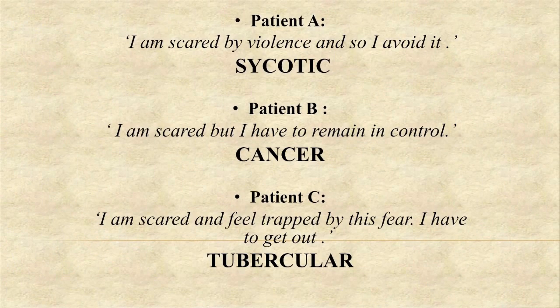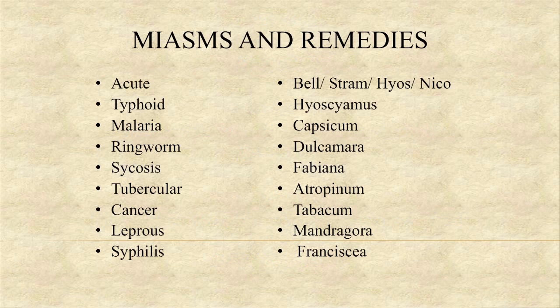So patient A who wants to avoid the fear is in the psychotic miasm, patient B who wants to control is in the cancer miasm, and the one who is trapped and suffocated is in the tubercular miasm. And we created a chart. By studying each remedy, we try to understand the depth and desperation of each remedy and put it in the miasmatic chart.